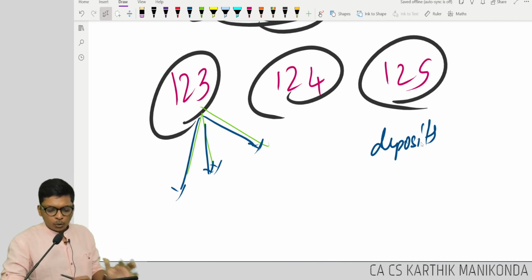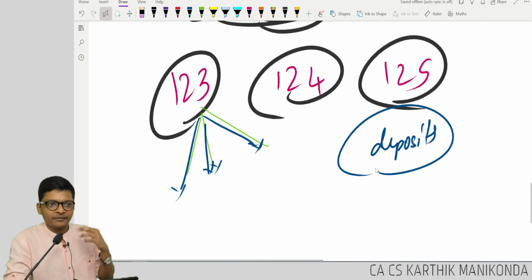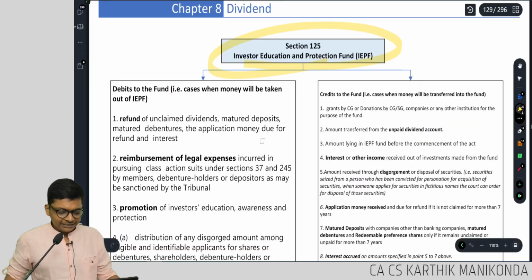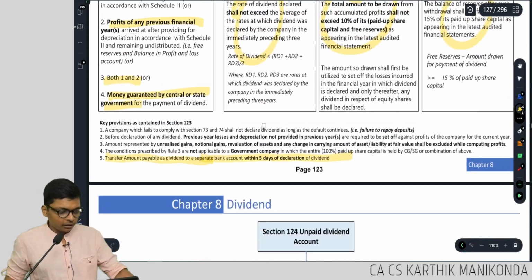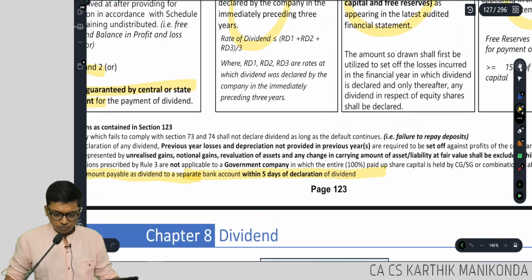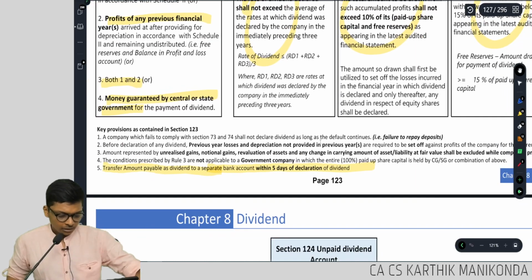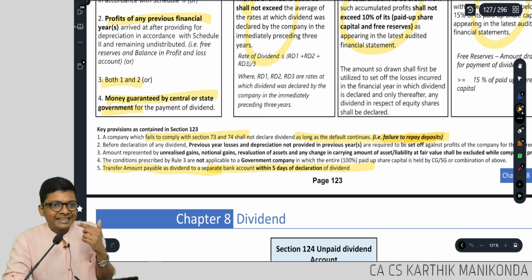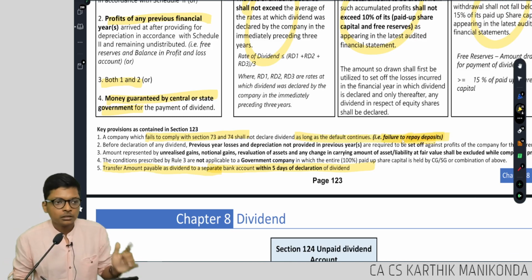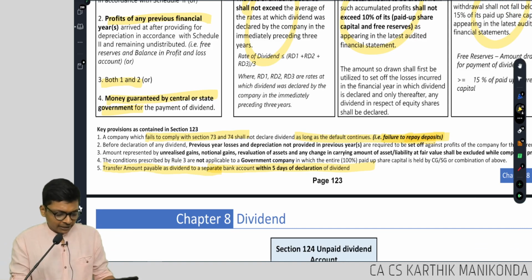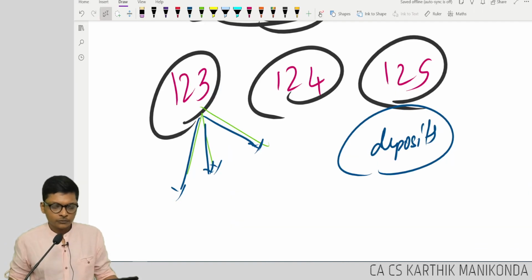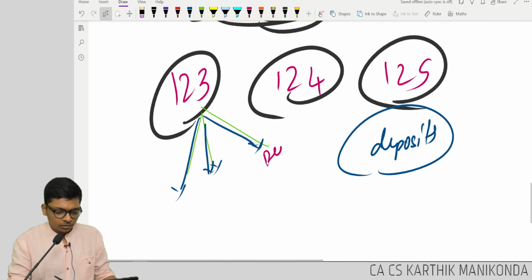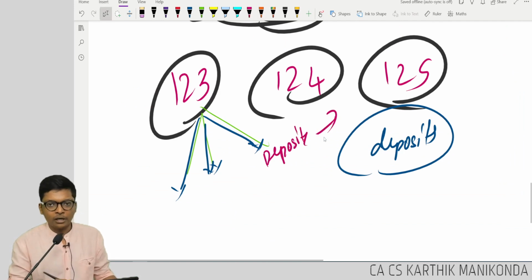No. I won't teach you what deposits are now, in a separate chapter when we go there. But the law says, if the company fails to repay deposits, you can't declare dividend. That is 1 point. Deposits not repaid, you cannot declare dividends.